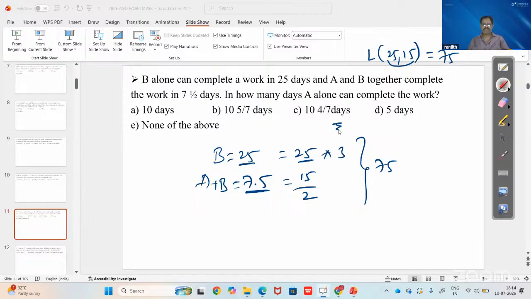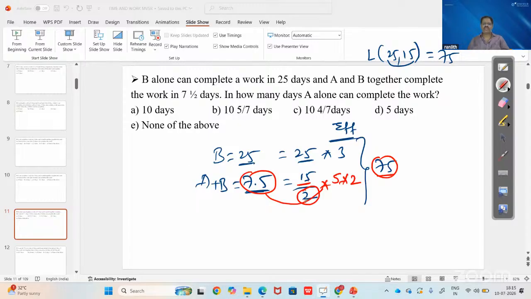In the 15 table, we get 75 five times. Already we have 2 in the denominator, so we need to multiply by 2 here. If I cancel 2 and 2, I get 15 into 5 equals 75.